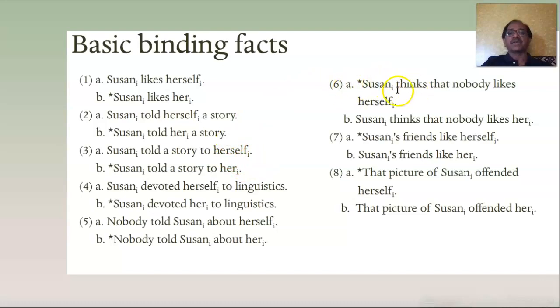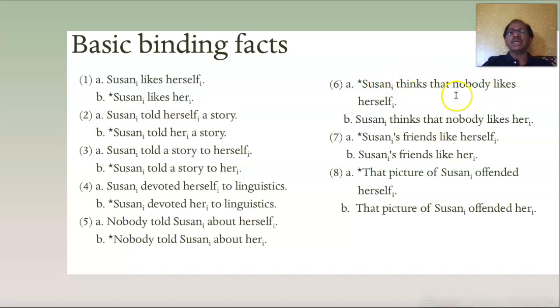Look at 6. Susan thinks that nobody likes herself. Here, herself is the reflexive. It is co-indexed with Susan, but it is ungrammatical because herself and Susan are not the arguments of the verb like. Susan is the specifier of think and herself is the object or complement of the verb like.